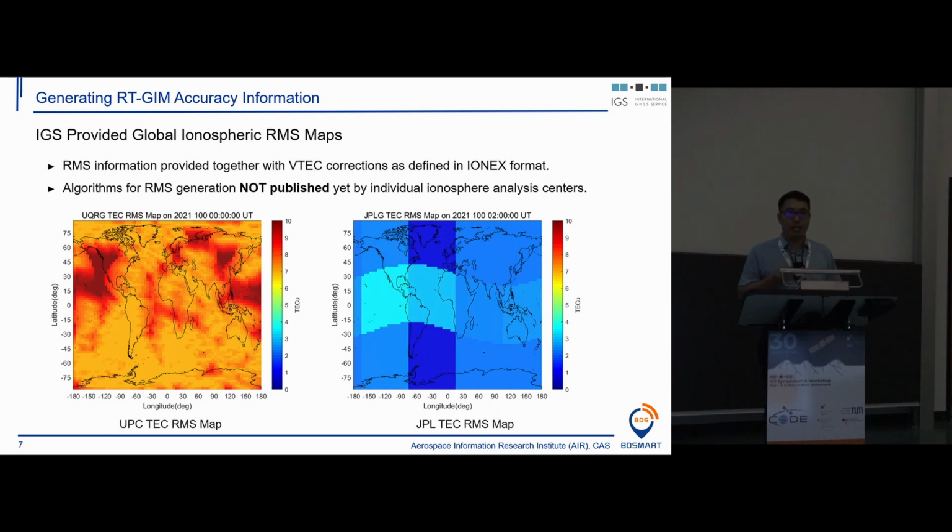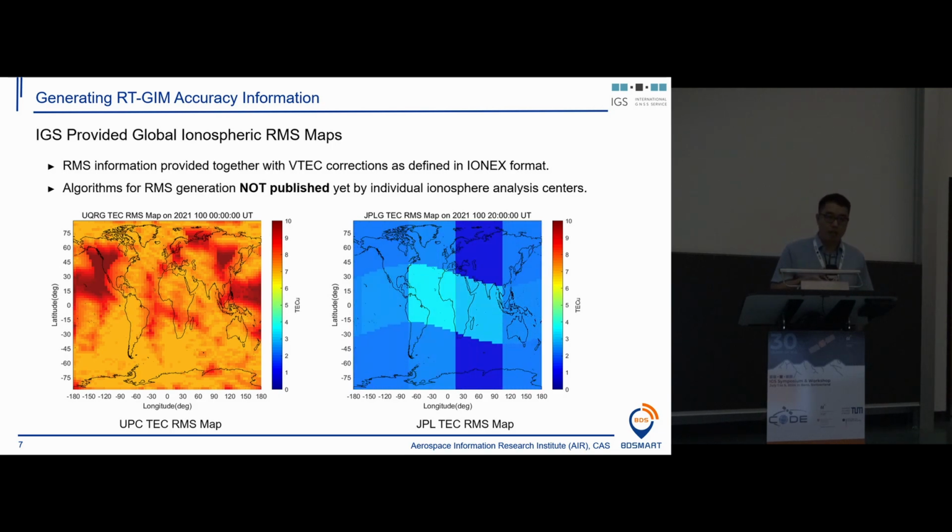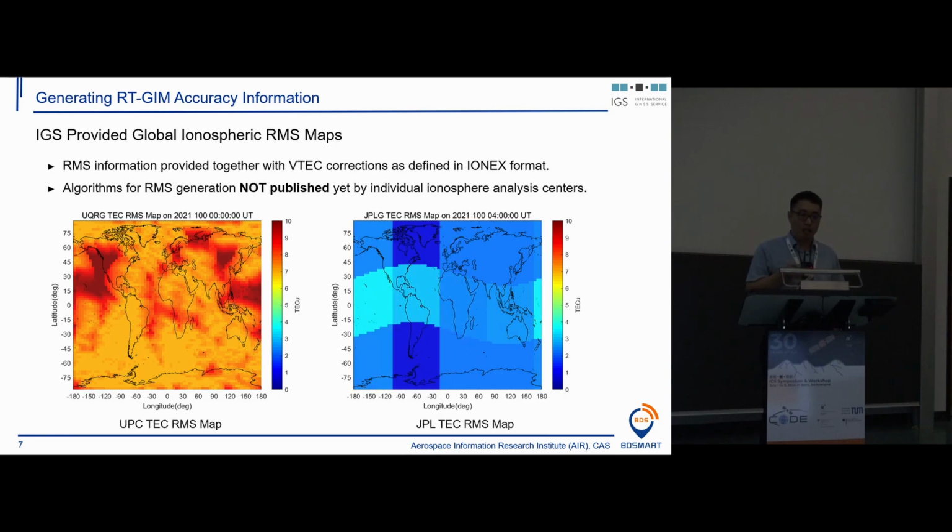If we would like to see how this accuracy information can be calculated, we first have a look at the RMS map provided by the IGS, especially from the rapid and final GIM products. In our analysis, we can see that the algorithm for the RMS computation has not yet been published by any ionospheric analysis center.